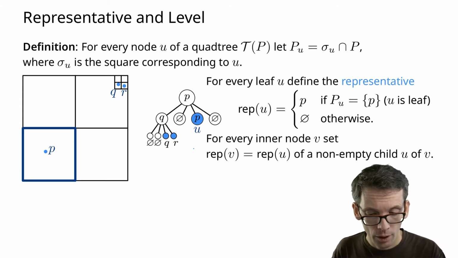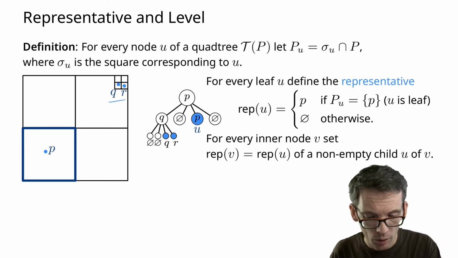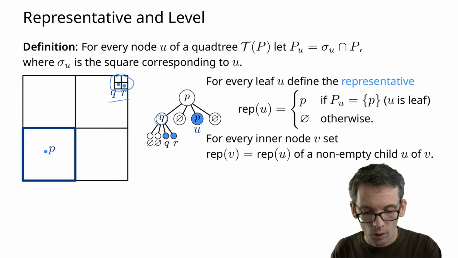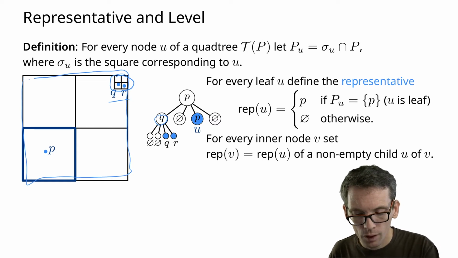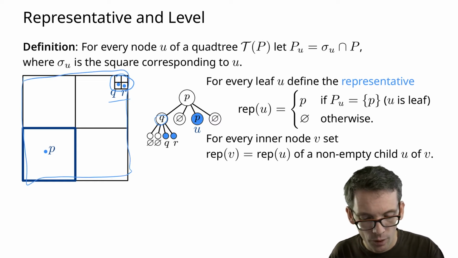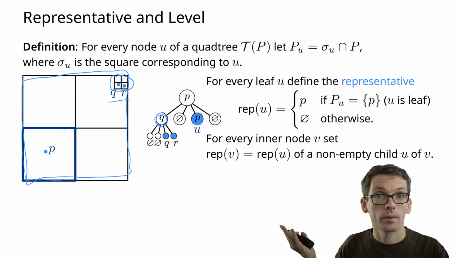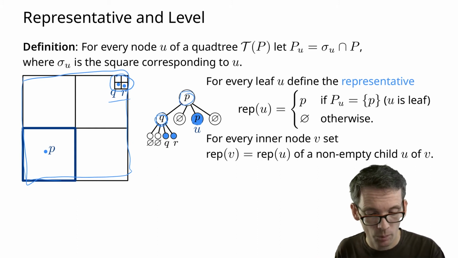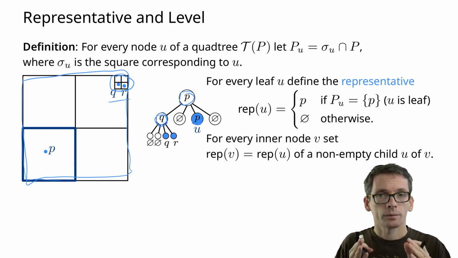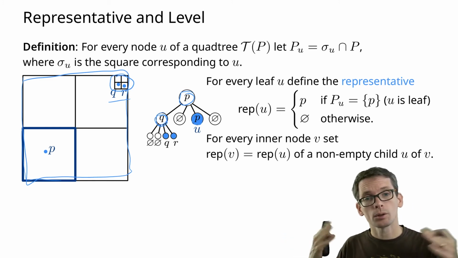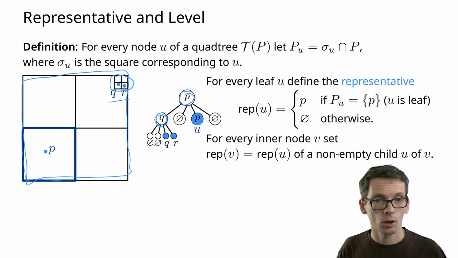So here, for this square, I can pick between q and r. So let's say I take q. For everything here, I can pick between this representative q and the representative of that square here, p. Pick one arbitrarily, gives me p. And those are representatives. Those we are going to use later also.